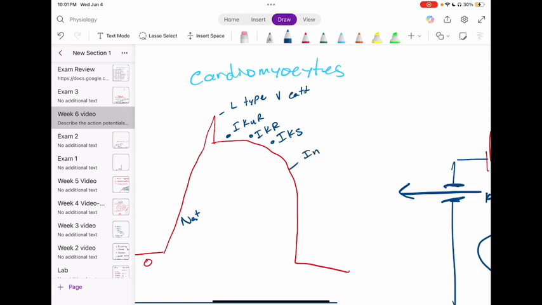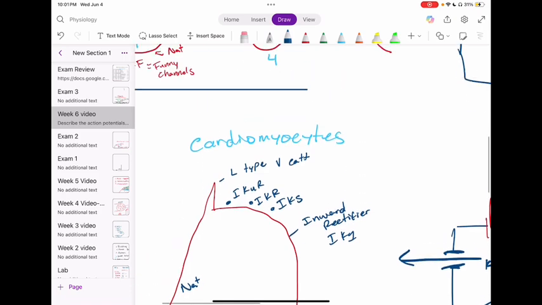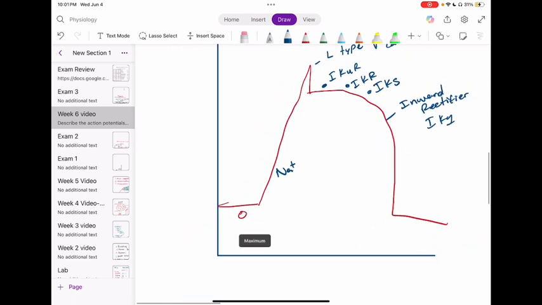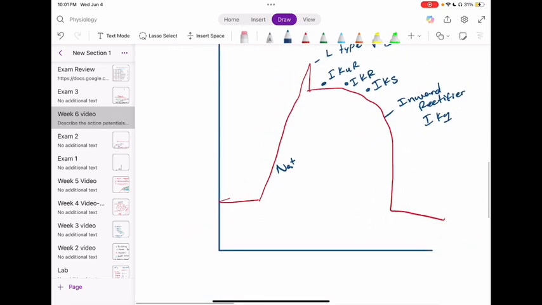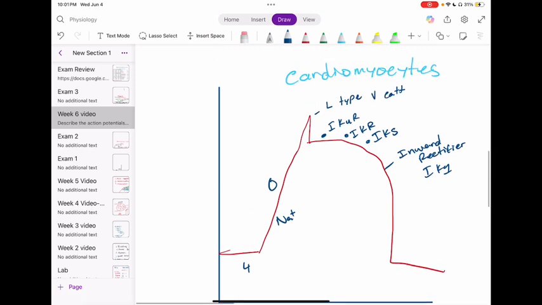We call this an inward rectifier, IK1. That's 4, 0, 1, 2 is right there, 3, and 4.